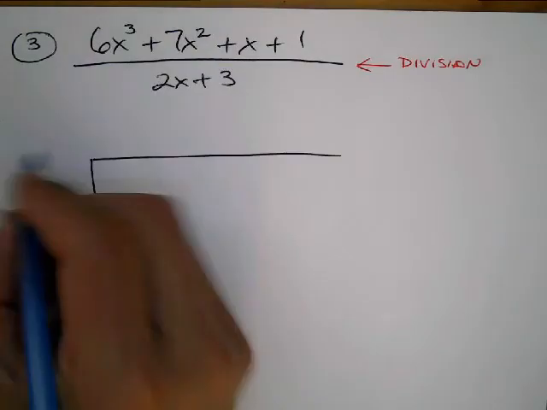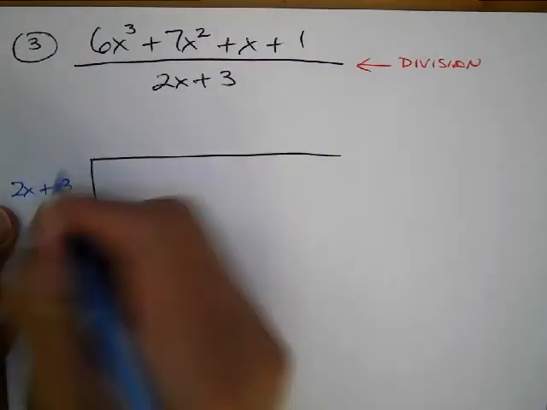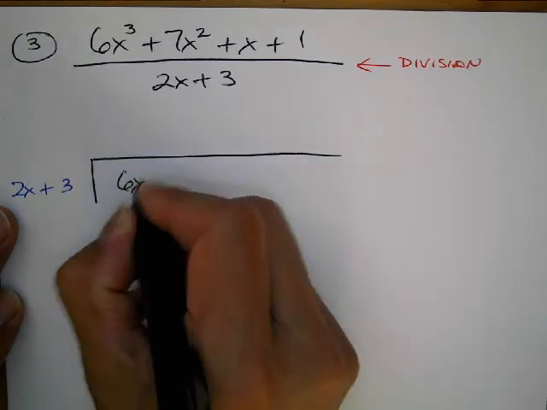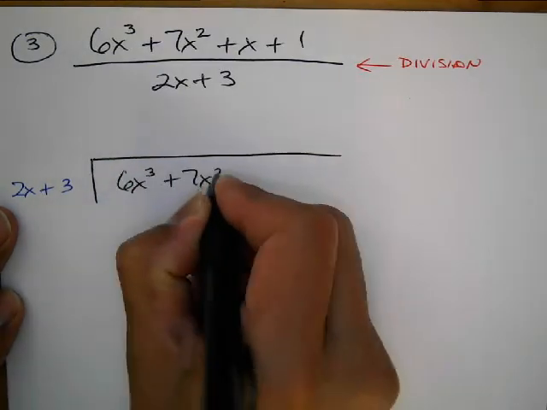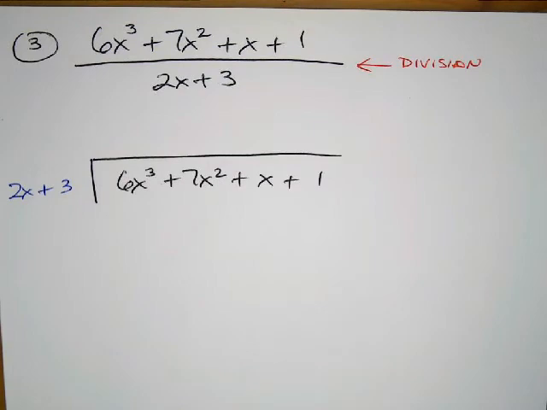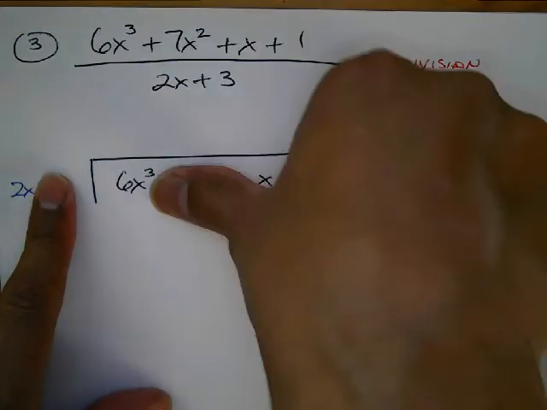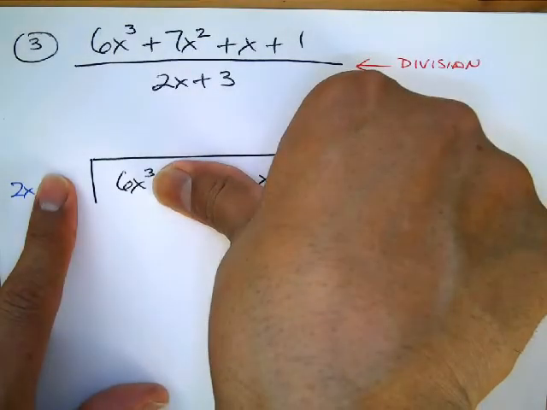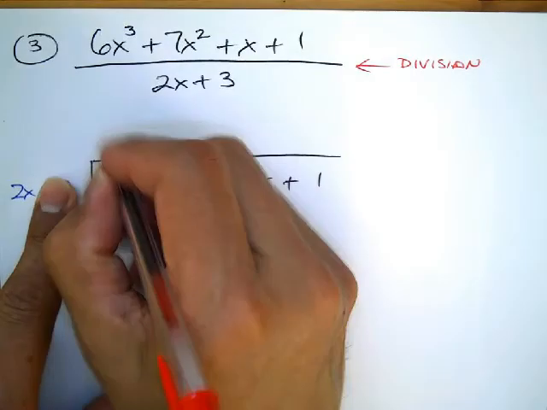Okay, well, we're going to have to set it up in long division format. Got my divisor here. I got my dividend here. And let's start the process. Just look at the first one. What do I need?